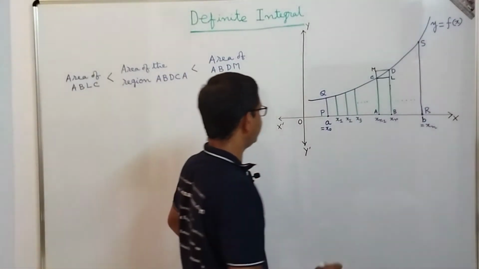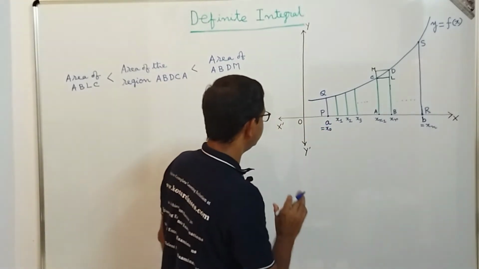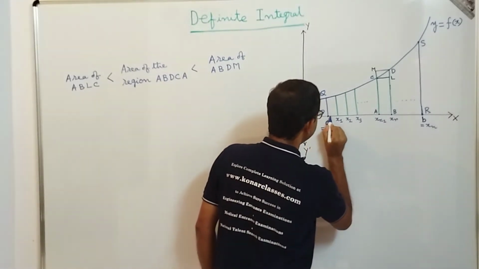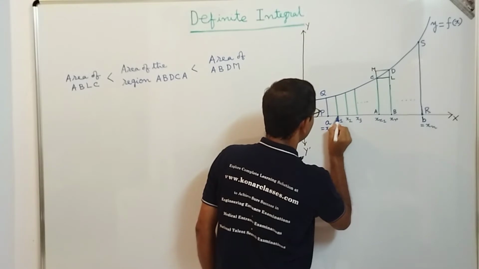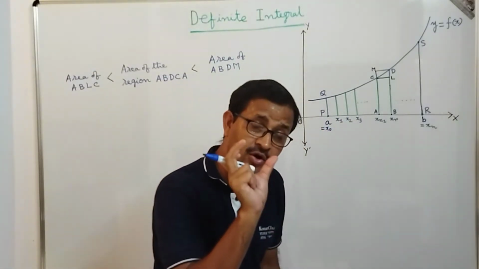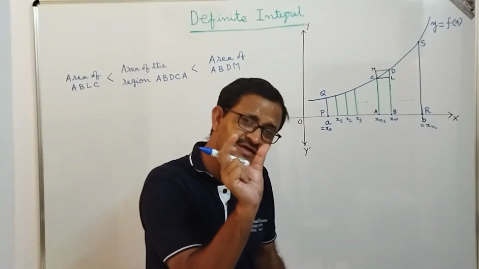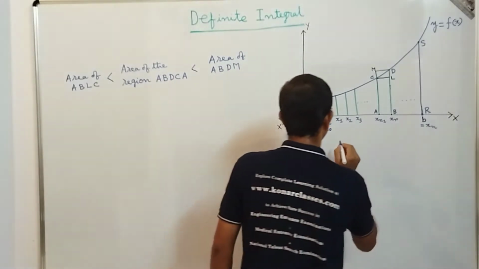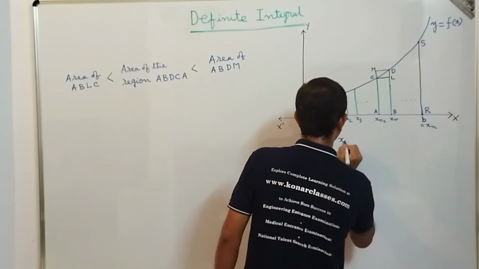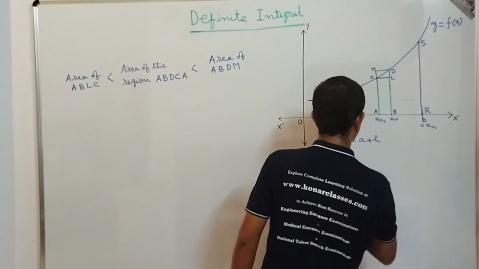The first one is, as I said in the very beginning, that all these intervals, from A to x1, x1 to x2, x2 to x3, are equally spaced, and let us define that spacing as H. Then we get x1 equal to A plus H. Correct or not?